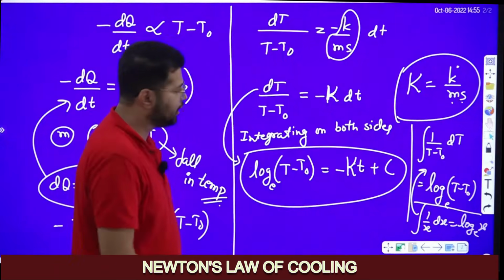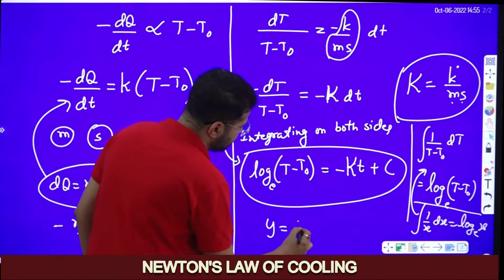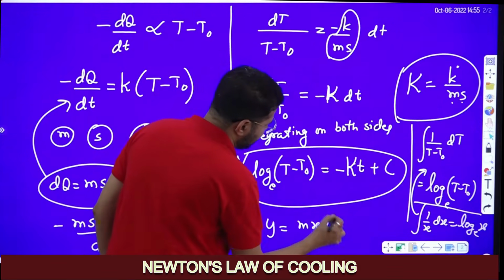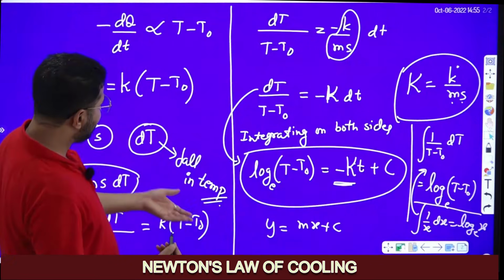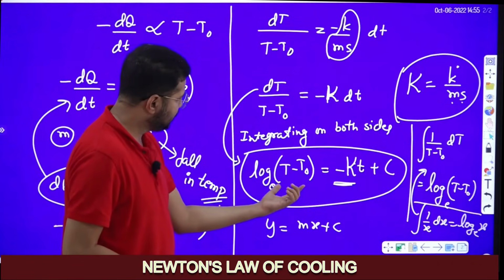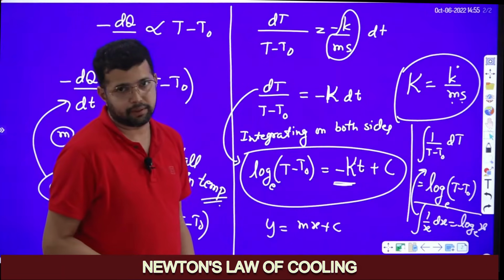Now, if you look at this equation, it is in the form of y is equal to mx plus c, and if you observe, the value of the slope is negative. Therefore, the graph of log T minus T naught versus time is a straight line.